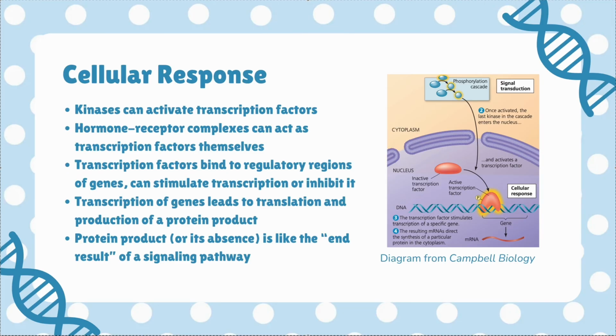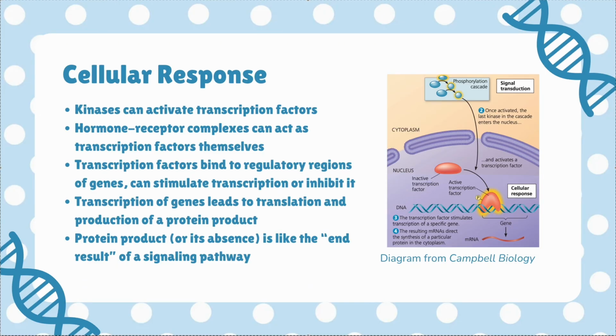Now, the protein product or its absence is the end result of a signaling pathway. As we saw in epinephrine signaling, when epinephrine binds and then the whole phosphorylation cascade occurs, the last kinase enters the nucleus.